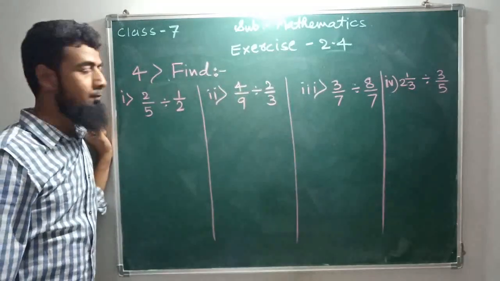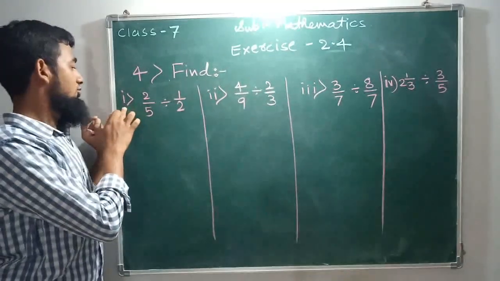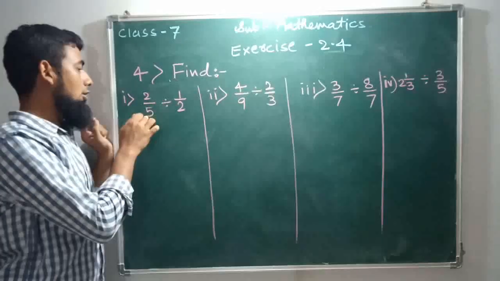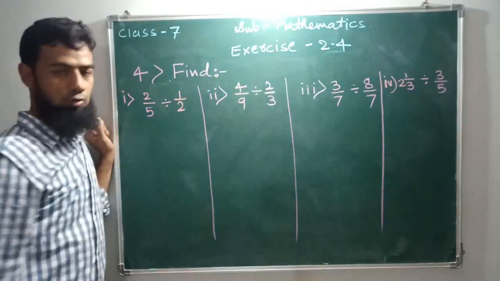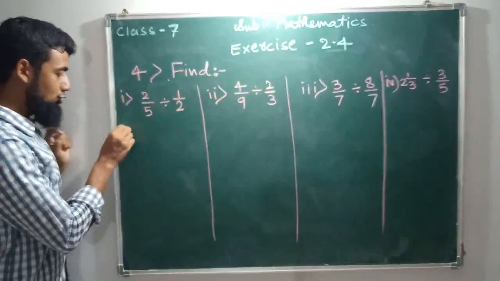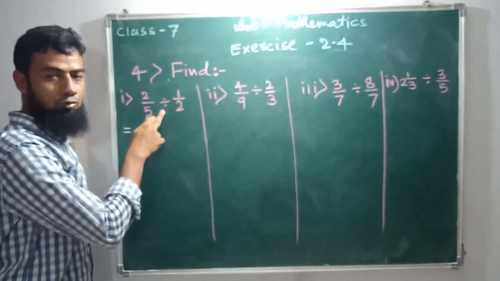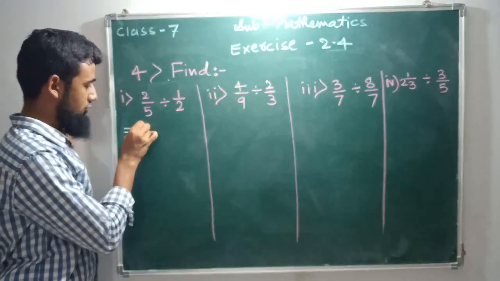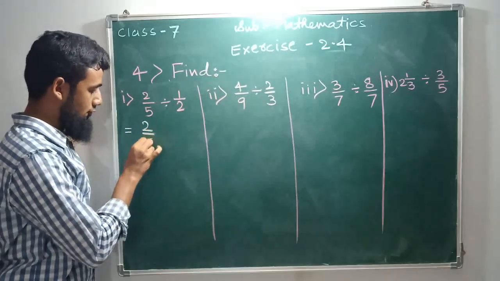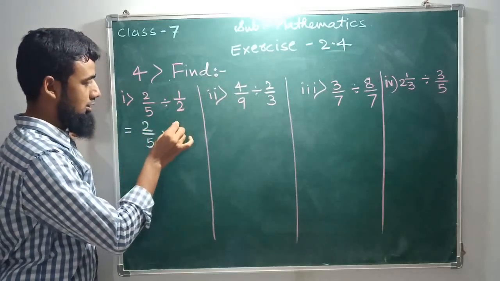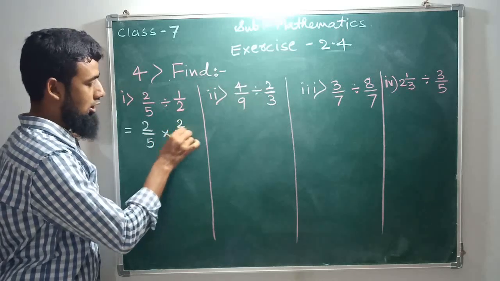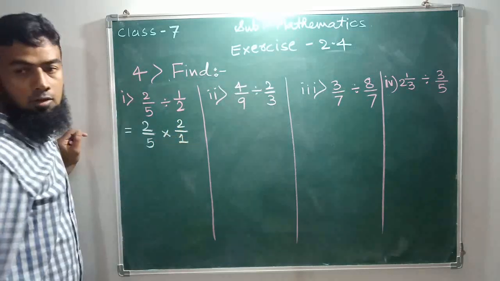Question number 1: 2 upon 5 divided by 1 upon 2. So what do we have to do? We will convert the division symbol into the multiplication symbol. So 2 upon 5 multiplied by 2 upon 1.